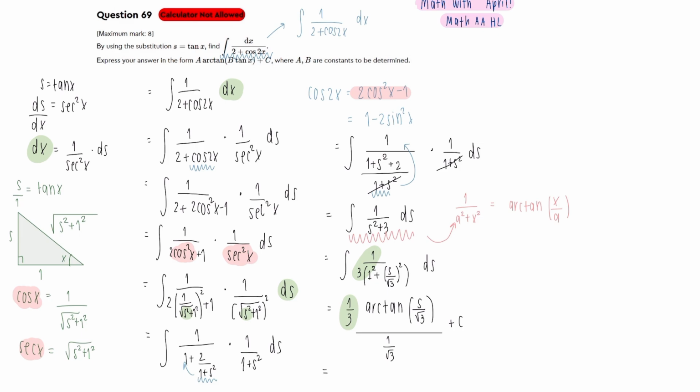Then this would be equal to root 3 over 3 arc tan of 1 over root 3 tan x plus c.